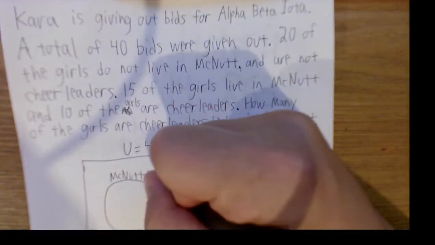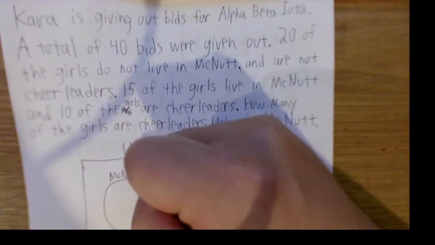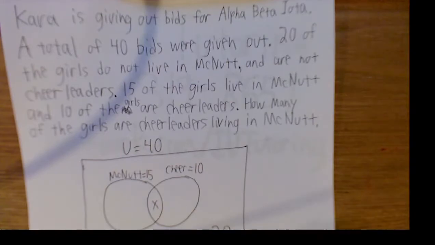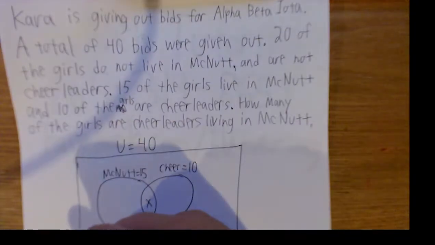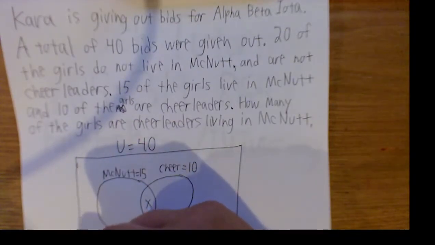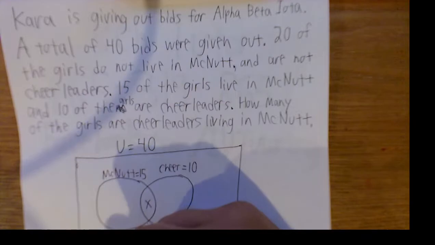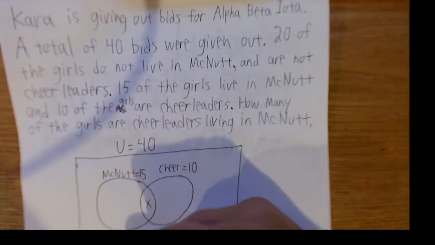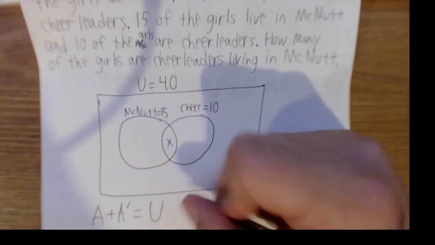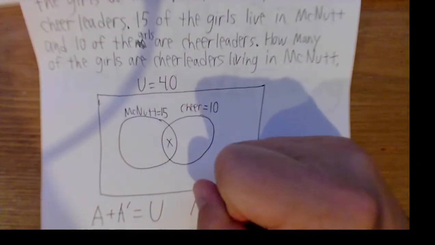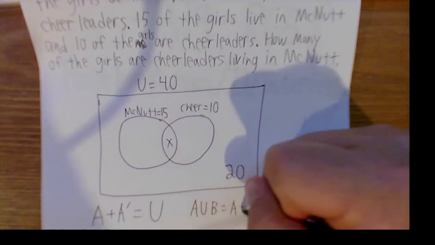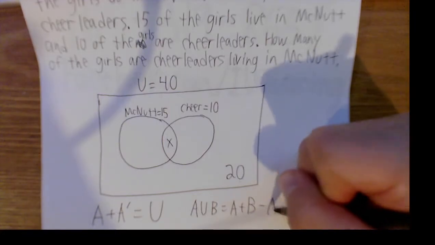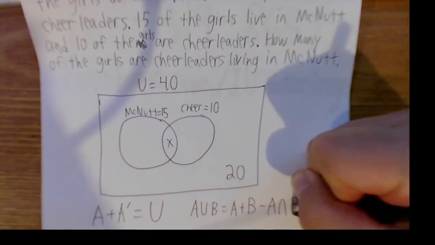Well, what we could do is, if you remember that rule we talked about earlier, A plus A complement equals the universe, right? And then we also know that A union B equals A plus B minus A intersect B, right?